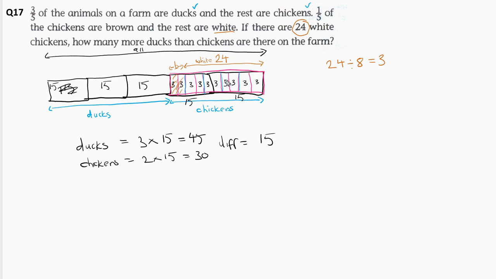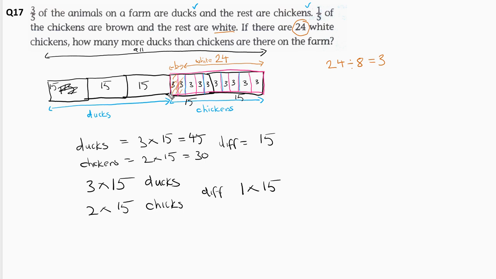Or even easier, we can just see we've got 3 times 15 of ducks, 2 times 15 chickens, and the difference is 1 times 15. Okay, it's as easy as that.